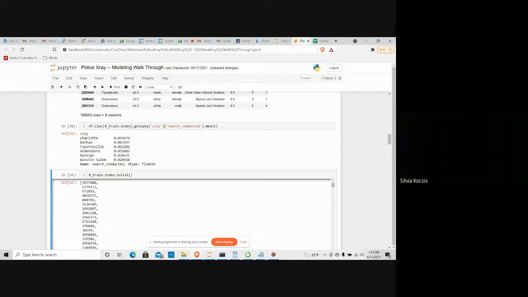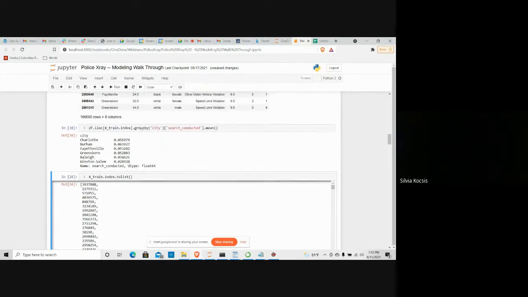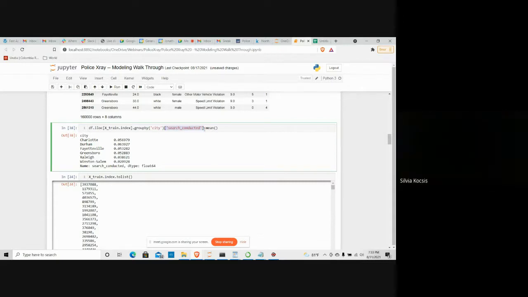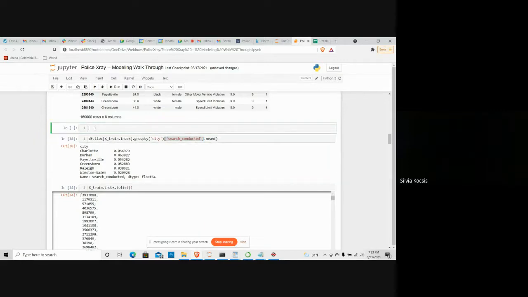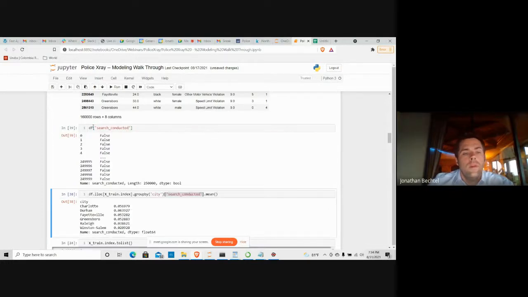And these numbers, which column are you taking the value from? We're taking from the search conducted column. And where in the original data is that? What does search conducted mean? So if you look at DF search conducted, it's a true false column.